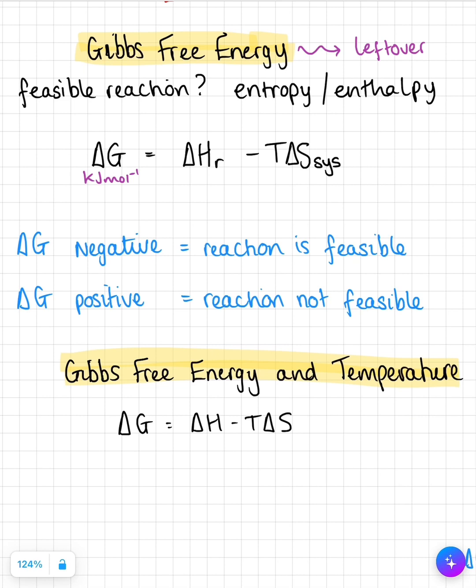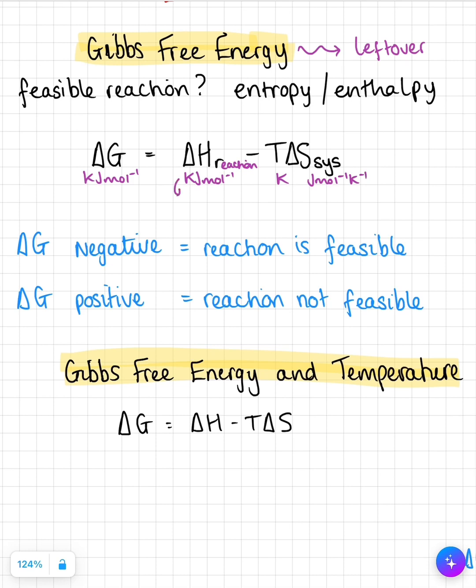is the enthalpy of our reaction minus T, where T is the temperature in Kelvin, times the delta S of the system. So again, our units of enthalpy typically are kilojoules per mole, our temperature is Kelvin, and our entropy is joules per mole per Kelvin.